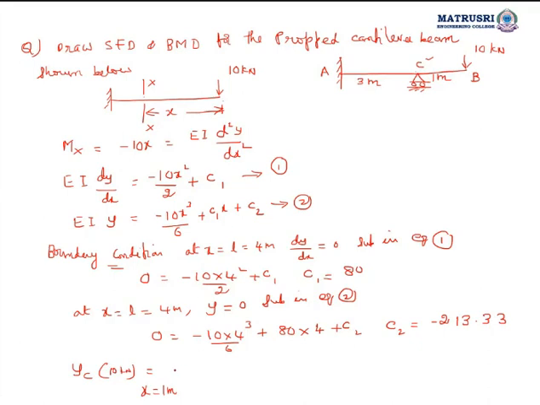So yc is equal to minus 10 into 1 cube by 6 plus 80 into 1 minus 213.33. So yc will become minus 135 by EI. What is this minus 135? That indicates 135 by EI downward. So the downward deflection due to 10 kilonewton, I got it.